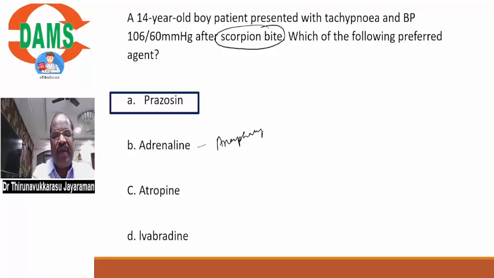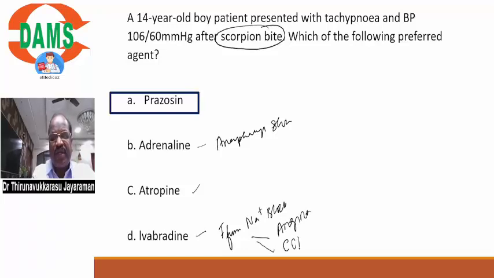Straight question. Adrenaline is the drug of choice for anaphylactic shock. And atropine, we know, is an anticholinergic. Ivabradine is actually a funny current sodium channel blocker. This drug is approved for treatment of angina as well as useful for congestive cardiac failure. Of course, its adverse effects are very important.